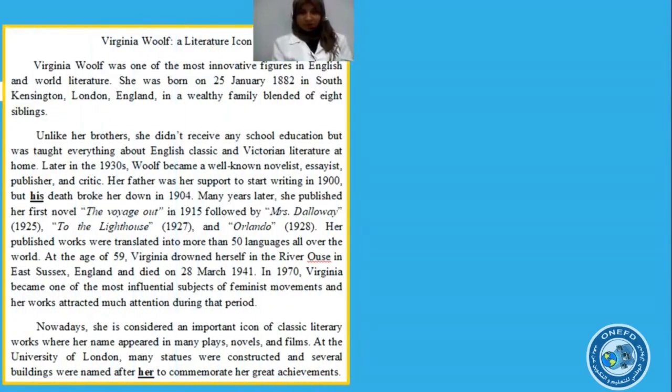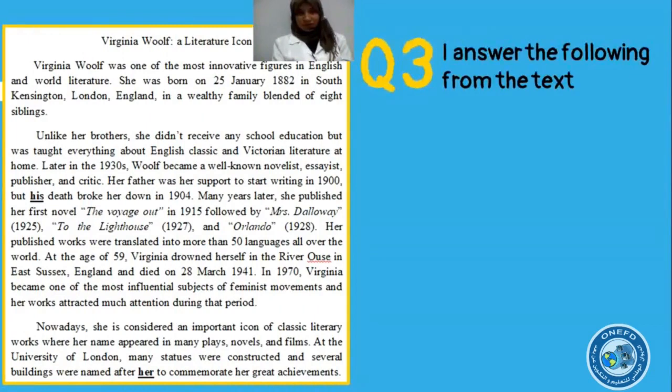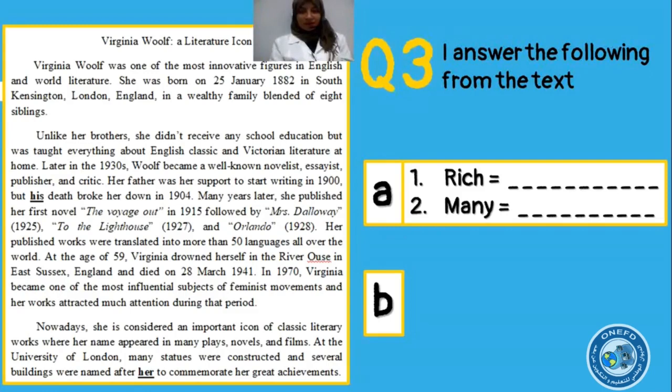Next, we move to question number 3. Answer the following from the text. So in question number 3 we have 2 parts. We have A and B. So for A, we are going to look for the synonyms of 2 words, rich and many.